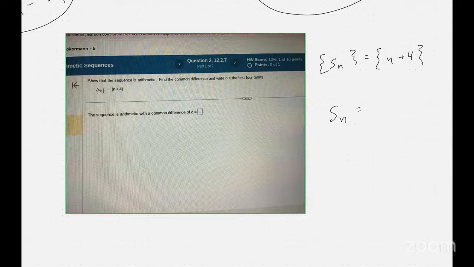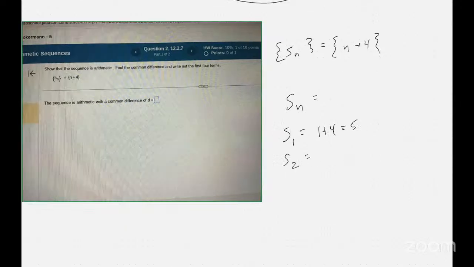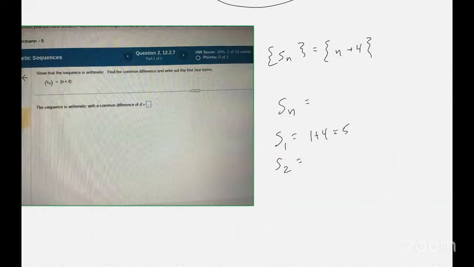I don't know exactly what they're saying, but I think s sub 1 would just be 1 plus 4, which is 5. S sub 2 would equal 2 plus 4. That equals 6.